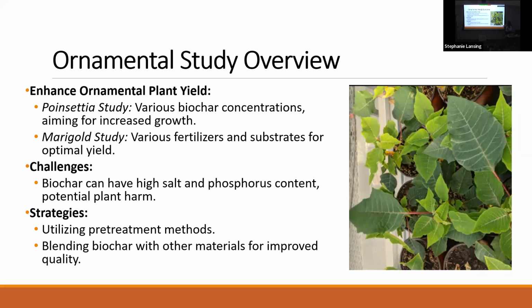Since, especially during the Poinsettia study, as we'll get into, poultry litter biochar has an extremely high phosphorus concentration and has potential phytotoxicity issues if not addressed.